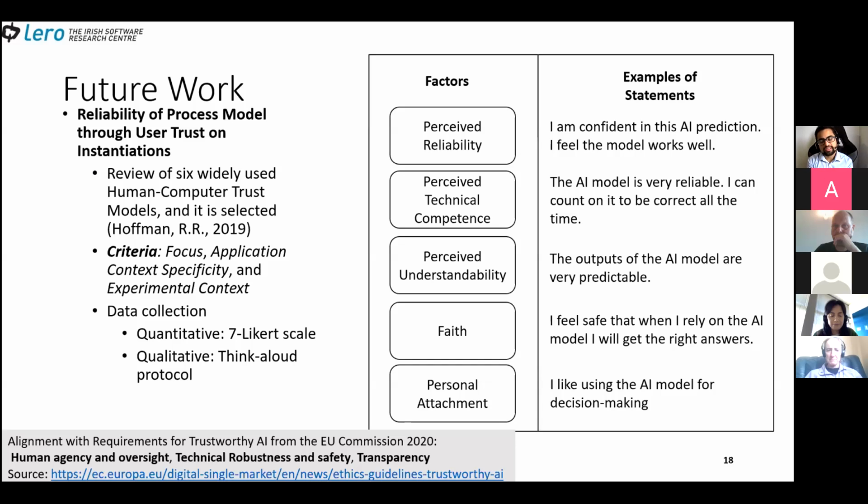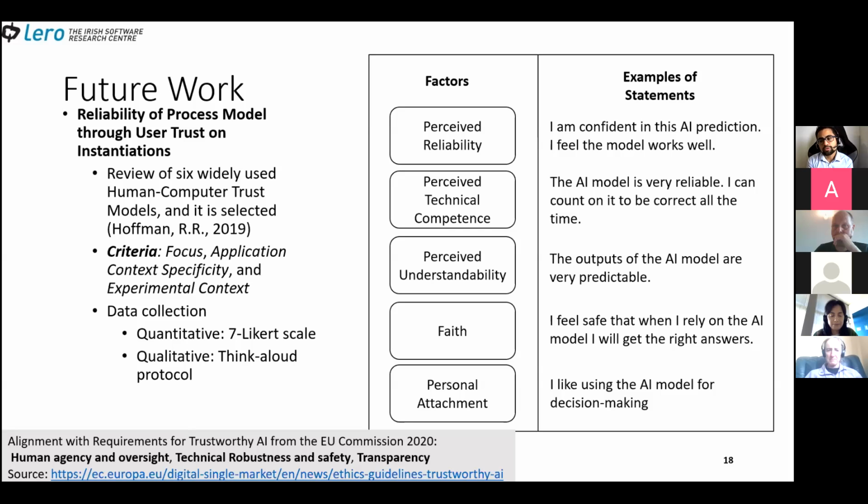Another point to mention is that currently the European Commission for the Digital Future Strategies is developing ethics guidelines for trustworthy AI. I personally think it's essential to consider such a reference in this project, because I wanted to make sure that the requirements stated by that working group are also reflected in this model that I would use for assessing trust of experts in the explanation methods guided by the process model.